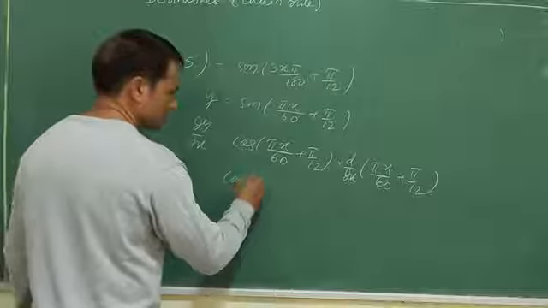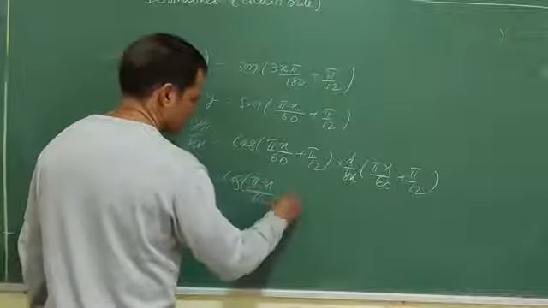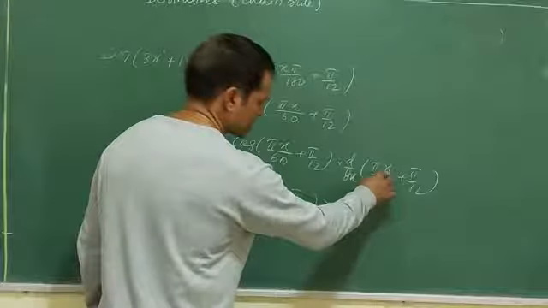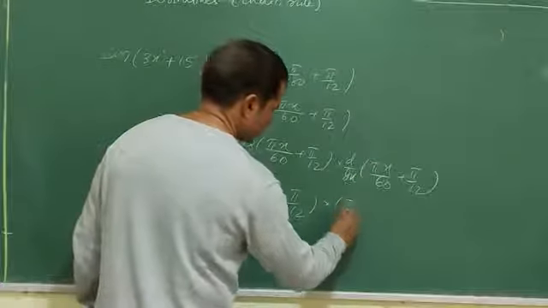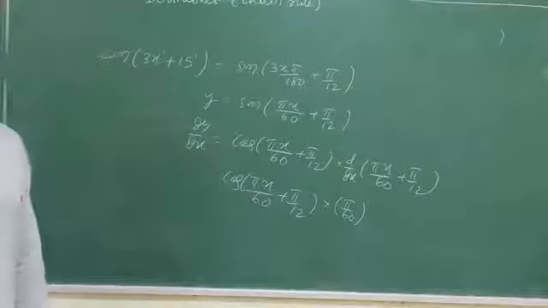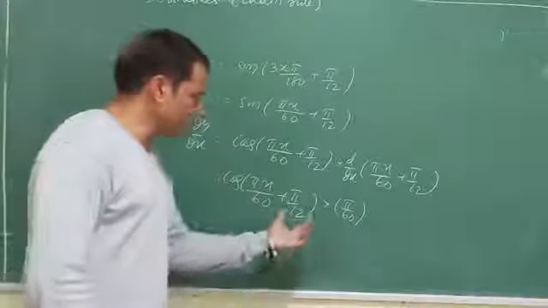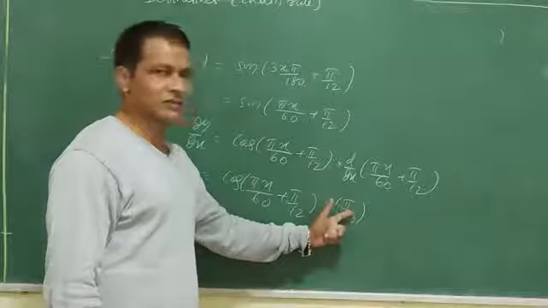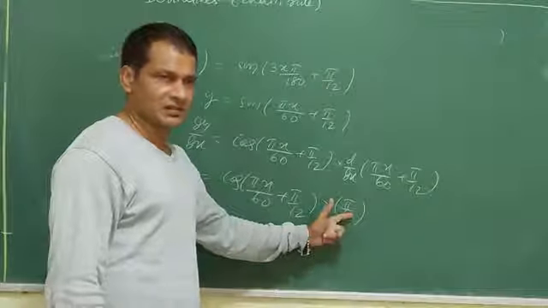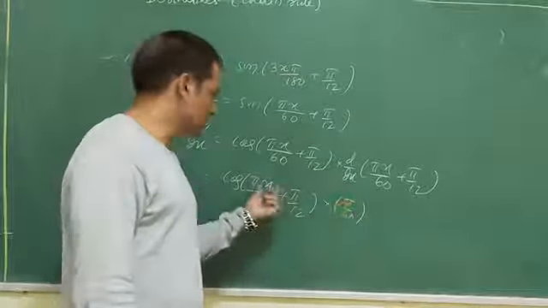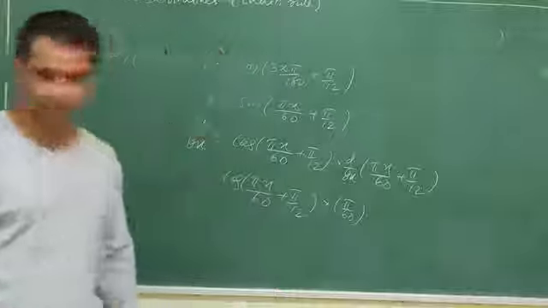Cos pi x by 60 plus pi by 12 into x derivative 1, that's with pi by 60. Now, if we want to replace this, pi will be replaced as 22 by 7. It is not 180 because this is not attached to any trigonometric relation. It's algebraic. This is trigonometric. Okay, next.